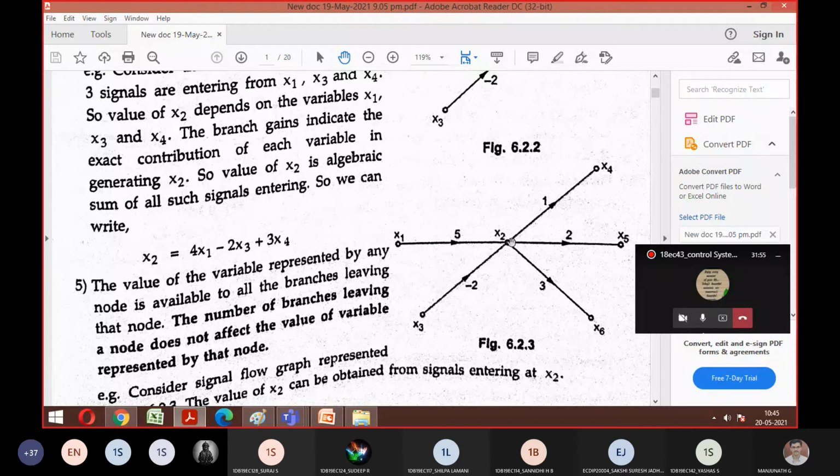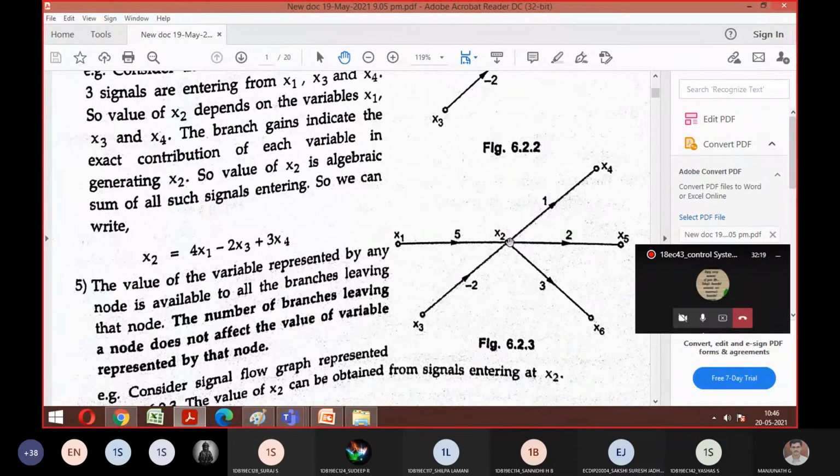It means what? See, if I consider x2 as having 2 entering, the leaving category is there for x2. So do you think that is going to vary my x4, x5 and x6? Whatever value of x2 I got, after reaching x4, is it going to change? The variable will not change. That is what property number 5 tells.